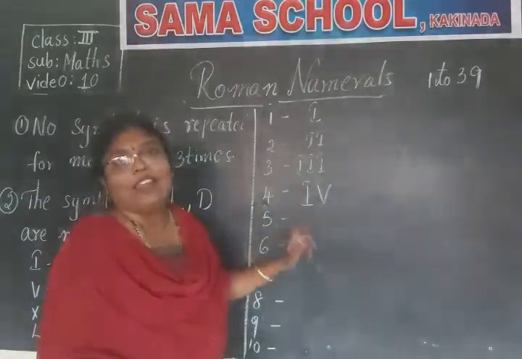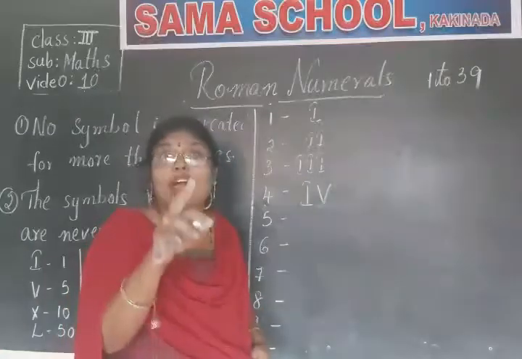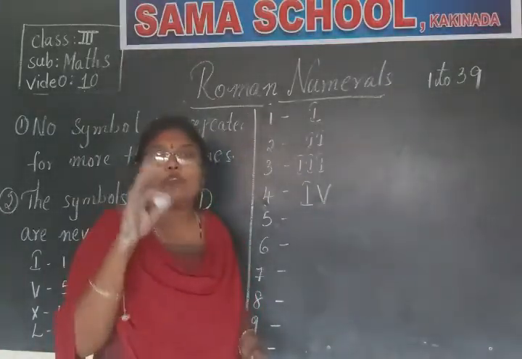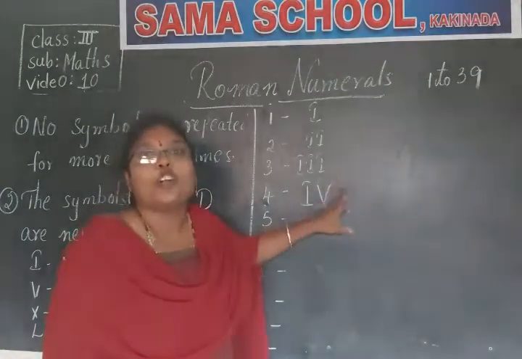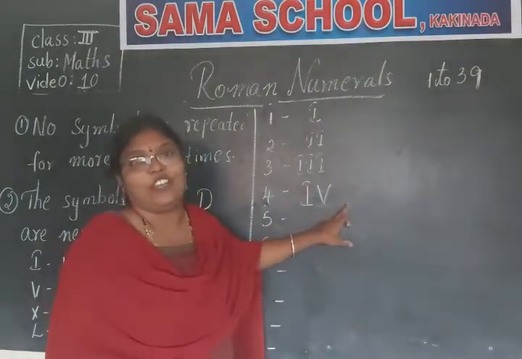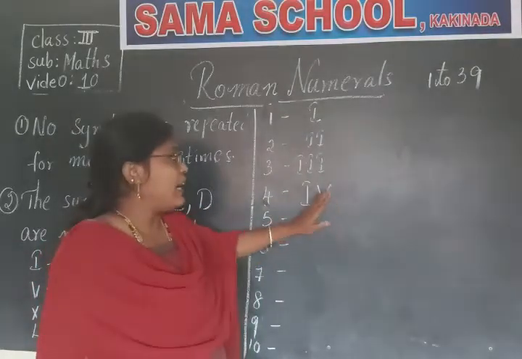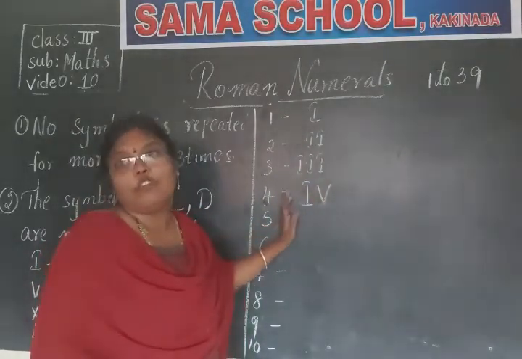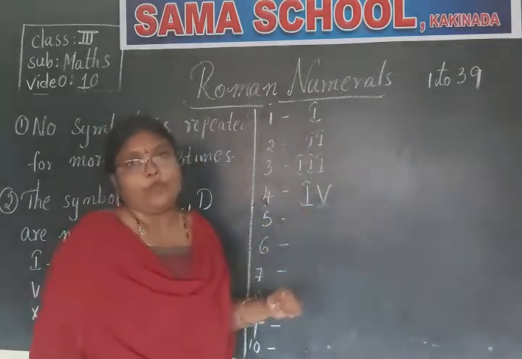That is 3. But here what are we doing? We are subtracting 1 from 5 to get 4. 5 minus 1 is 4. So when you are subtracting, you should not write on the right side. You have to write on the left hand side. So you have to write I to the left of V. That is 5 minus 1, 4.